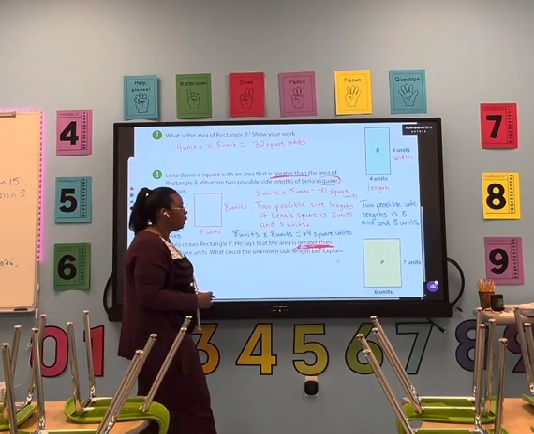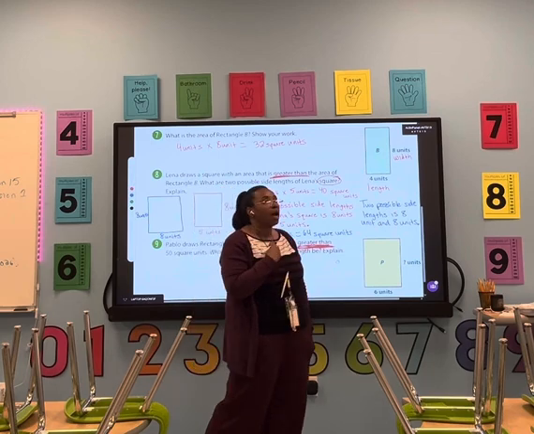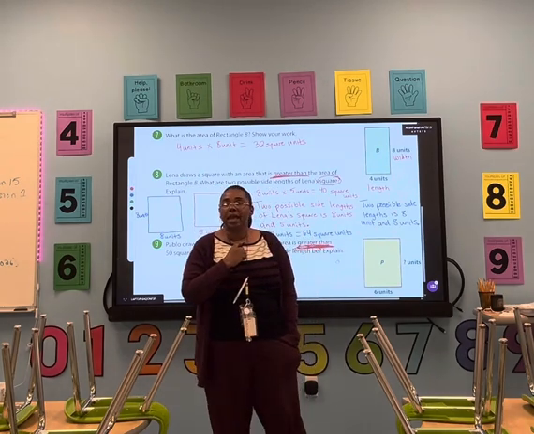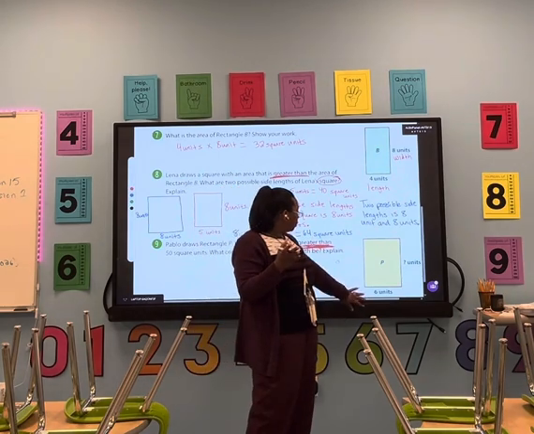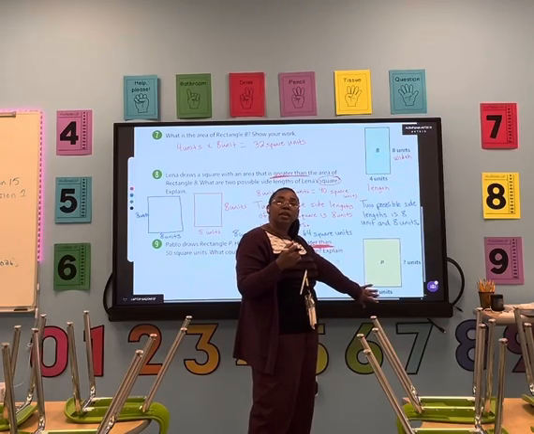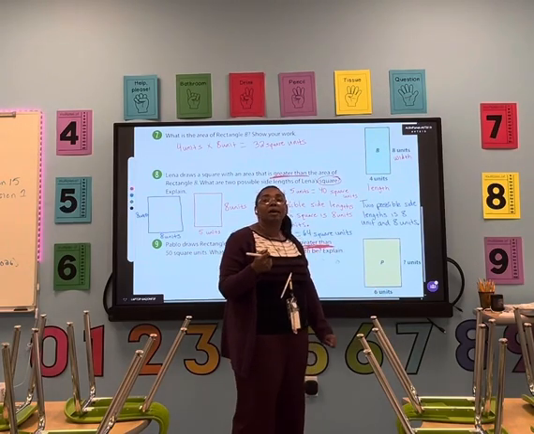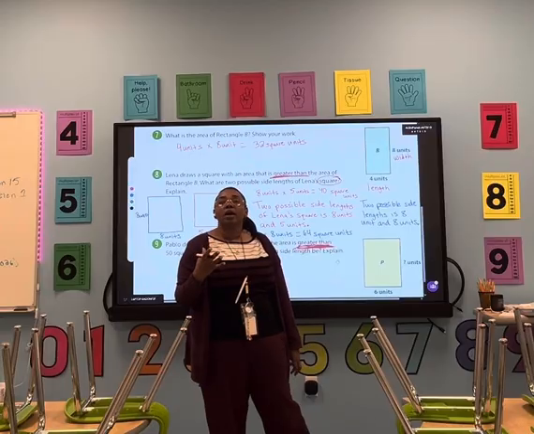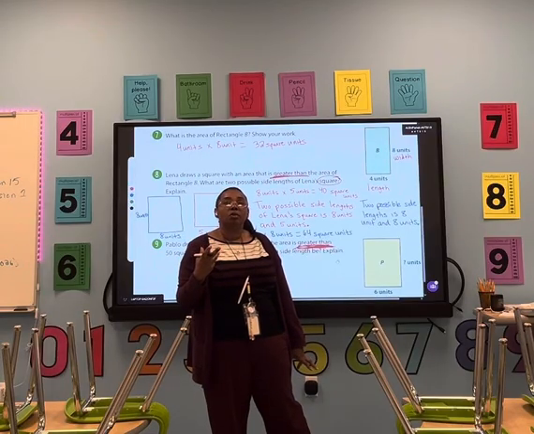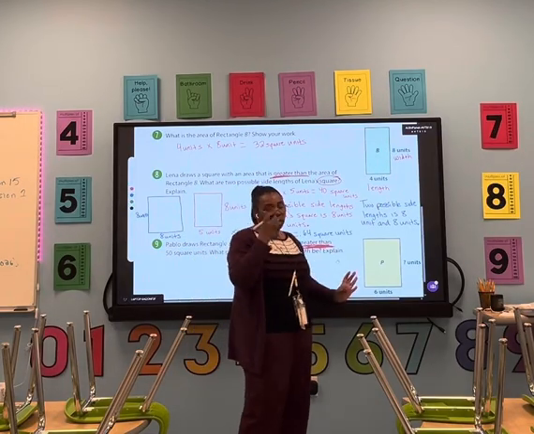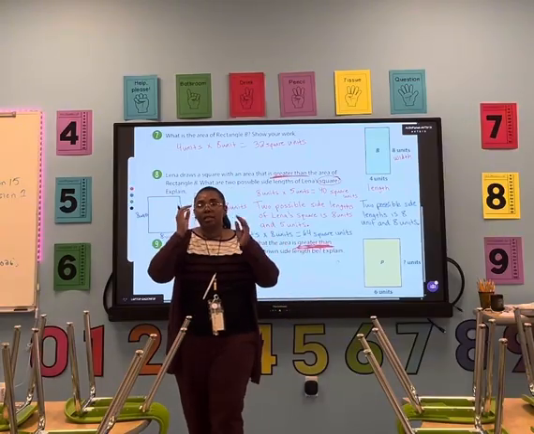So I have to think to myself, this is where our skip counting could come in handy. If they gave us 6 units already, I can do a skip count by 6 and see where I would get a number that would be greater than 50. So let's do our skip count by 6. Here we go.